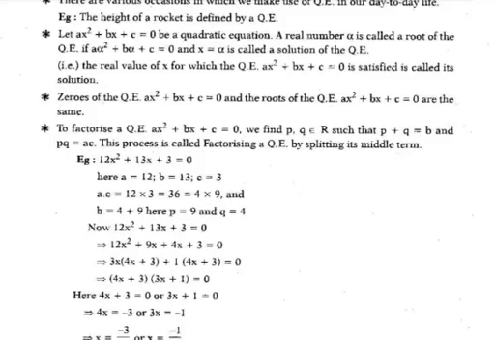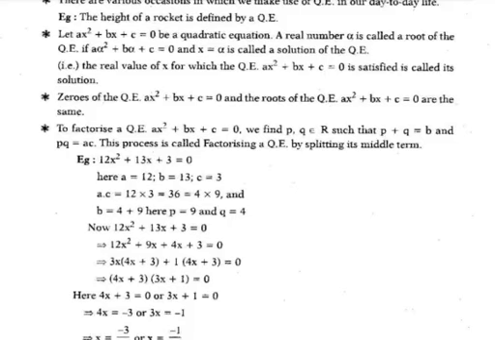The real value of x for which the quadratic equation ax square plus bx plus c equal to 0 is satisfied is called its solution. If it is satisfied, it is called its solution.